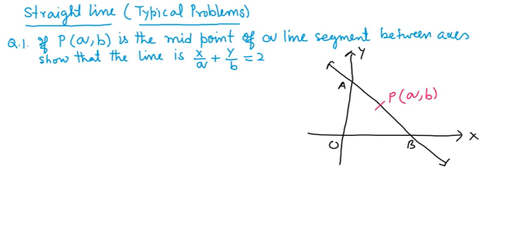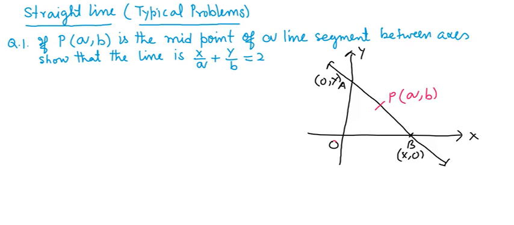According to the concept of coordinates, for point B the x coordinate is x and the y coordinate will be 0. In the same way, for point A the y coordinate is y and the x coordinate is 0. So the coordinates of point A are (0, y) and of B are (x, 0).